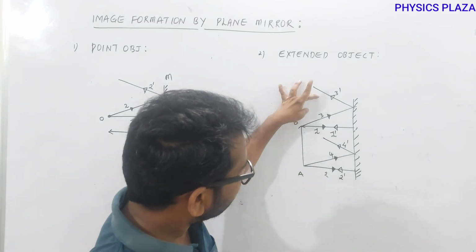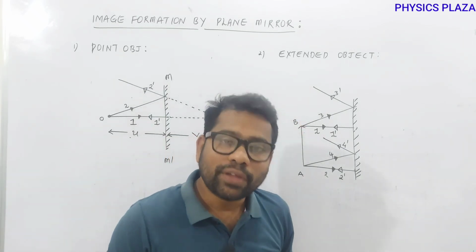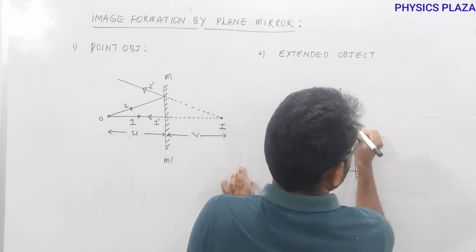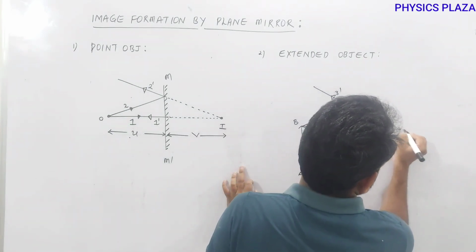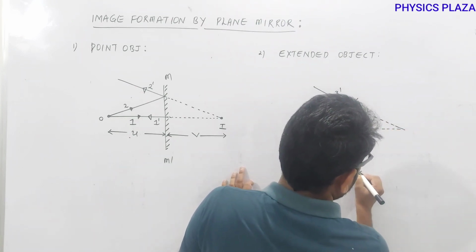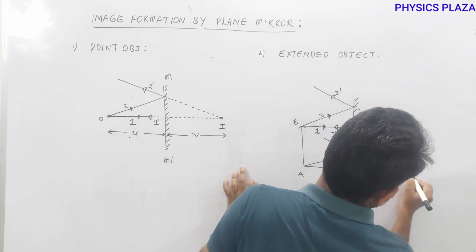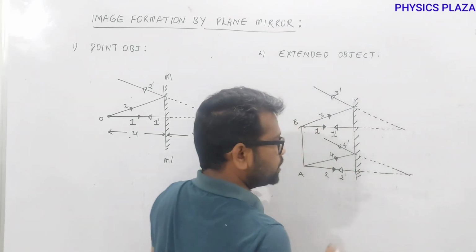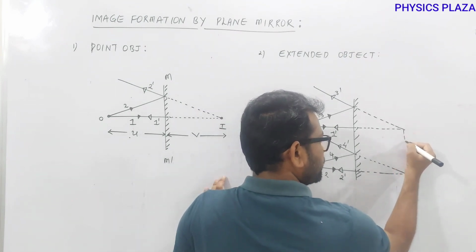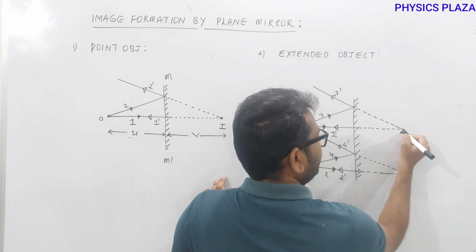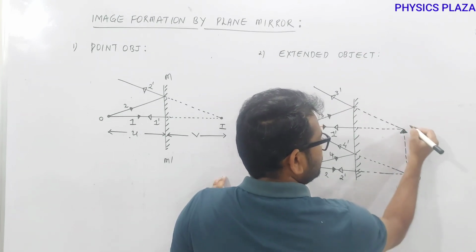Children, here also these reflected light rays are not meeting. Then what do we have to do? We have to extend them back. So this light ray is extended back and this light ray is extended back like this. This second light ray is extended back and the third light ray is also extended back like this. So these are the points where the light rays are meeting, and in between these we get A dash B dash.